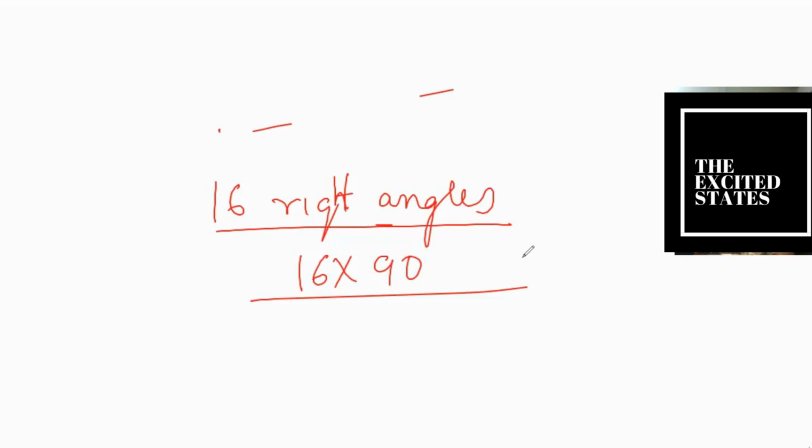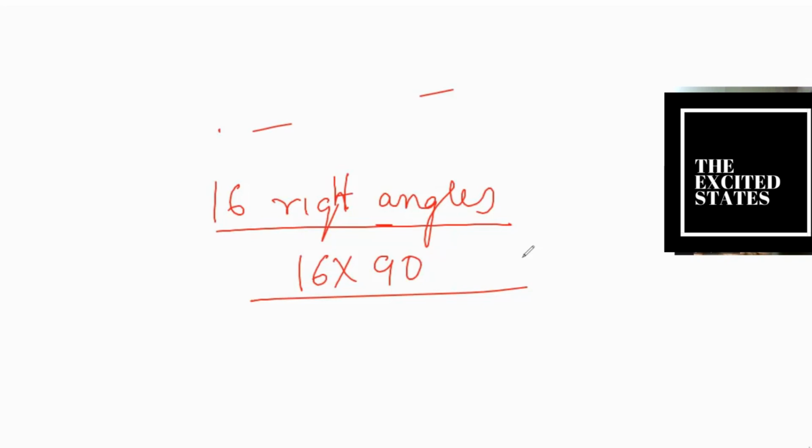Calculate what is 16 into 90. 16 multiplied by 90, not plus. 1440. So that is the sum of angles of that figure, right?